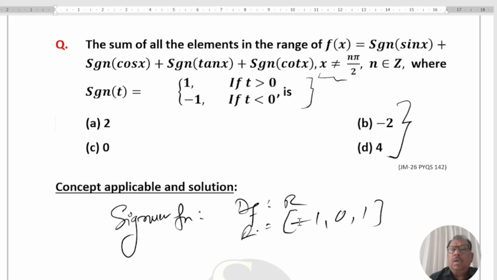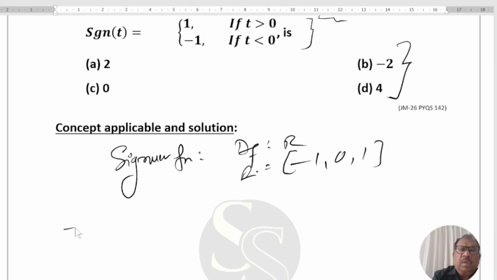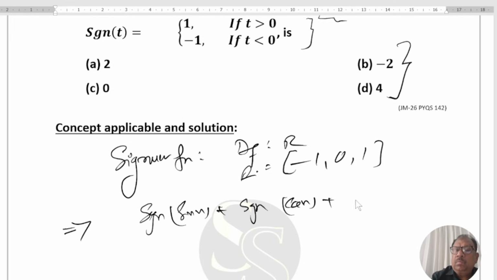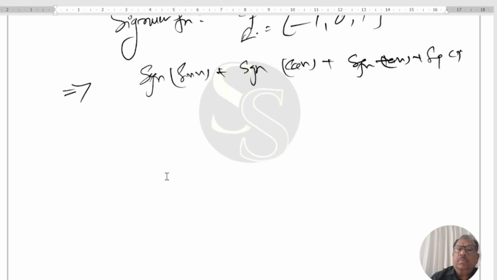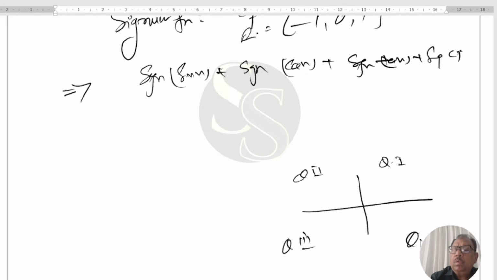Now, in the given question, it is the sum of four functions: signum sin x plus signum cos x plus signum tan x plus signum cot x. Before we start, quadrant 1, quadrant 2, quadrant 3, quadrant 4.